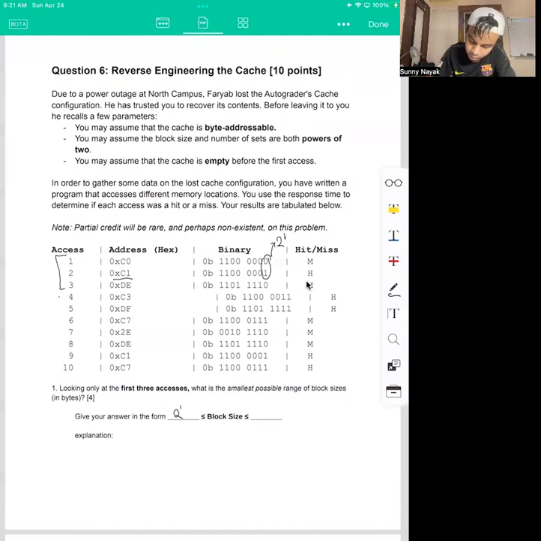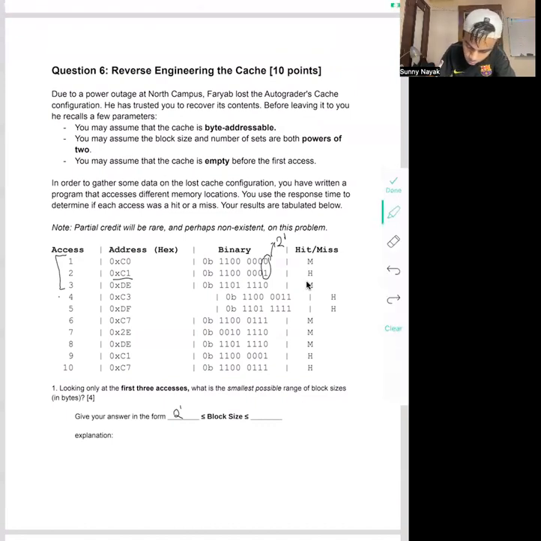So then very similarly, we can compare these addresses, and we see the most significant bit at which they differ is that 5th bit. And so what does this tell me?